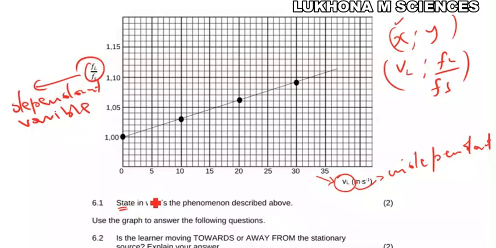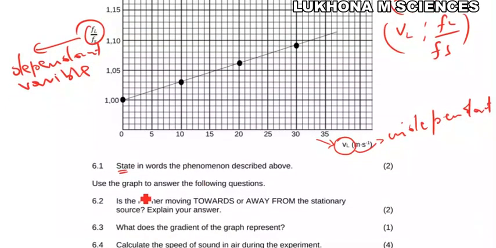So this is the Doppler effect. Then you define the Doppler effect as the change in frequency observed by the listener because the sound source and the listener have different velocities relative to the medium of the sound propagation. Now, use the graph to answer the questions.